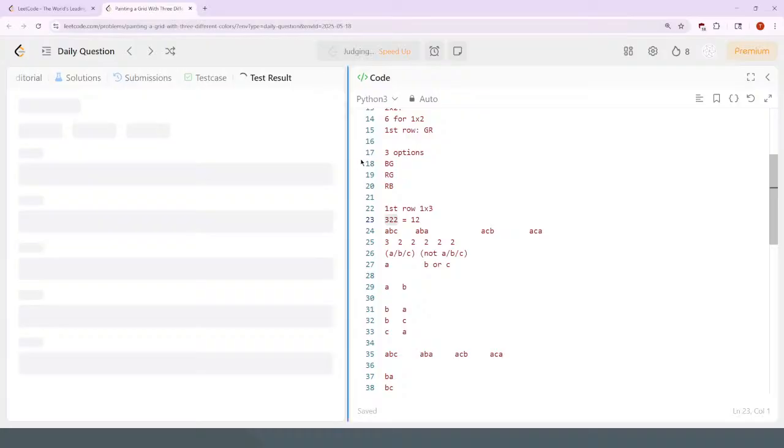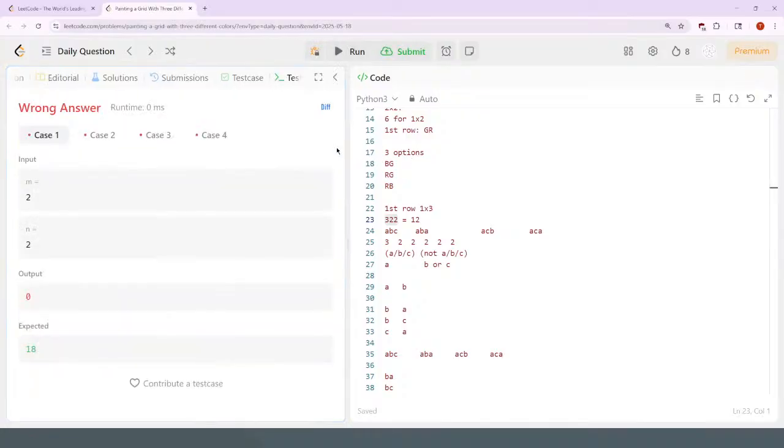So 1 by 2 is 6, 2 by 2 is 18, 2 by 3 is 54, 162.